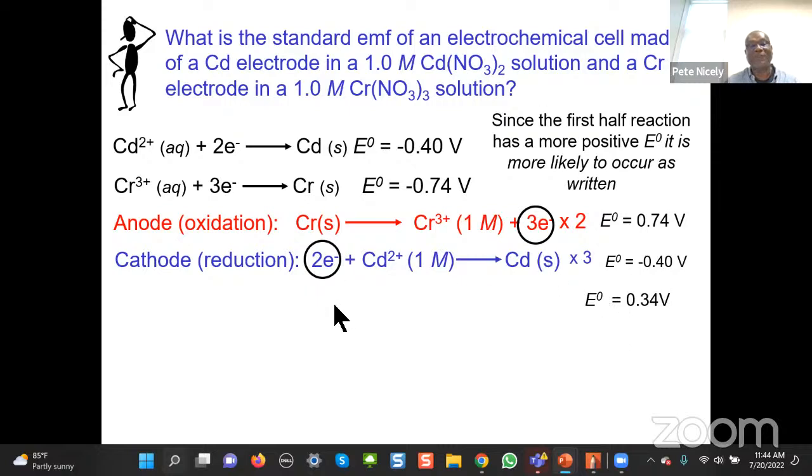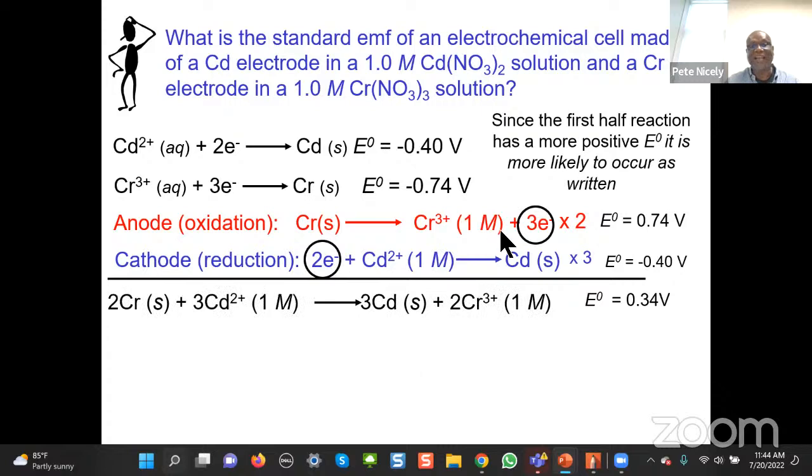So therefore, all we have to do next is add these two equations together. And of course, the electrons will cancel out and you write down what remains. And that means to get the EMF of the net equation, we add these two values together. And this would be the standard EMF value for this particular cell made up of these two half cells. All right. And that's basically how that is done.